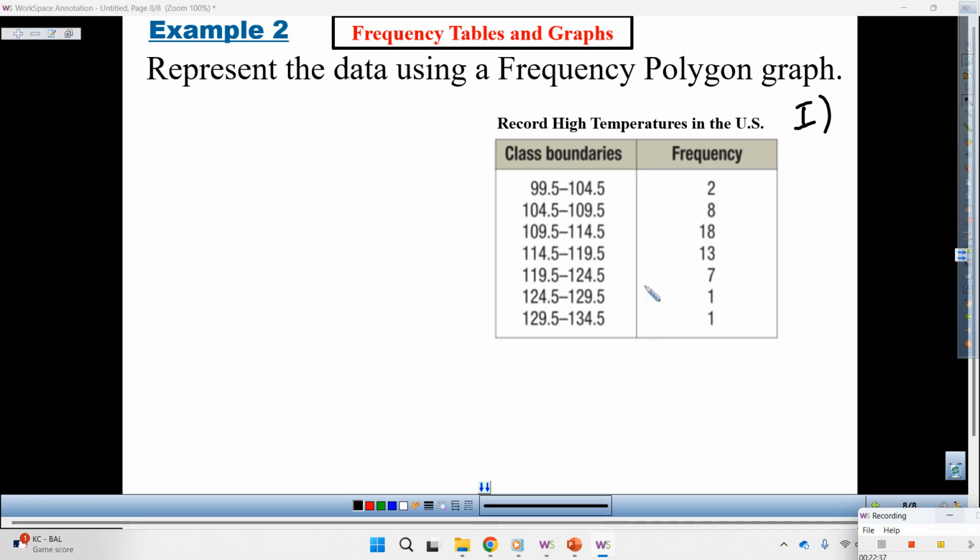There's your table. Step 2 for frequency polygon graph is the same as step 2 for the histogram. Tell your neighbor what step 2 is. What is step 2? Yes, get the midpoints. Remind your neighbor how to find the midpoints.